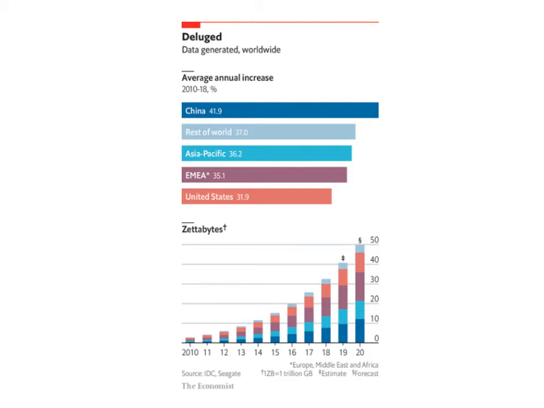It shows the creation of zettabytes between 2010 and 2020. If you wanted to get really technical, a zettabyte is a measure of storage capacity, 2 to the 70th power. It's 10 to the 21st. It's just a 1 with a whole bunch of zeros after it.